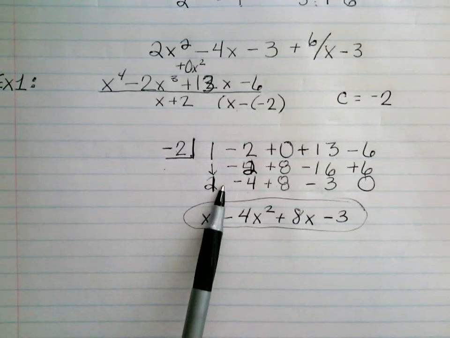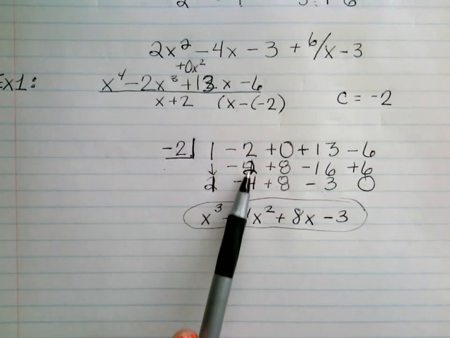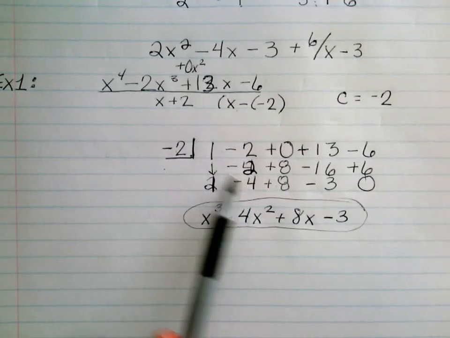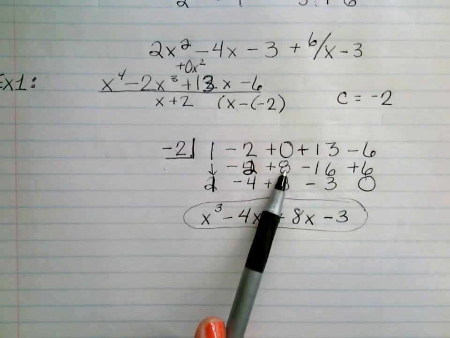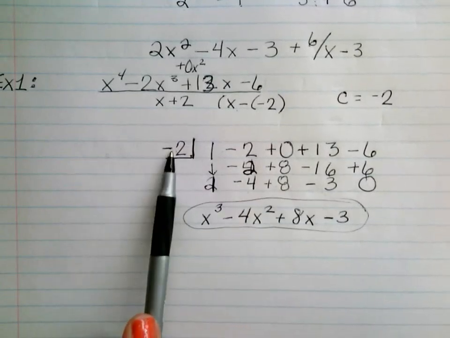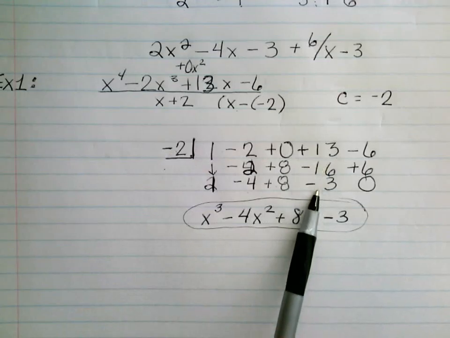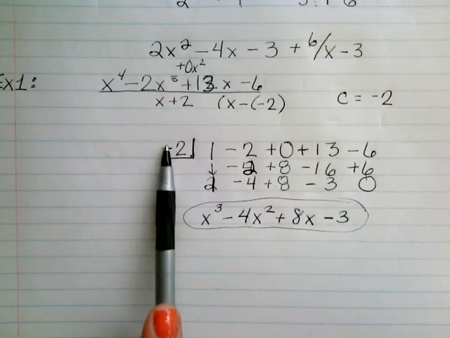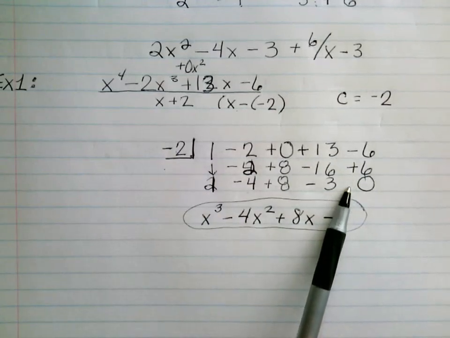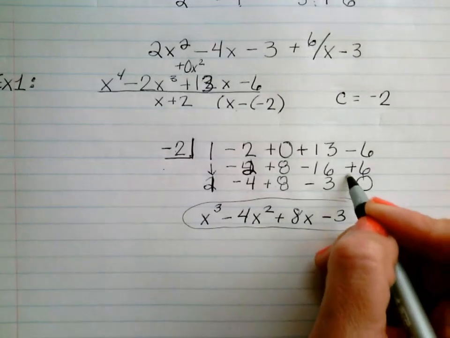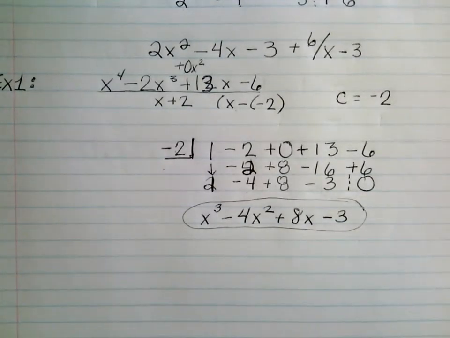Bring down the first item, multiply it by negative 2, add together, bring it down. Multiply it by the divisor, add them together. Multiply it by the divisor, add them together. Multiply it by the divisor, add them together. And this last spot would be the remainder if there were one. Okay? The last spot would be the remainder if there were one.